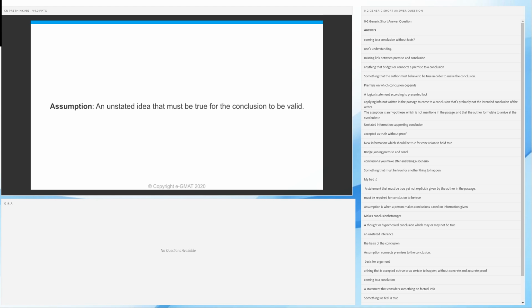Because if you truly understand this definition, then through brute force, you can answer every question correctly. This definition is so universal, regardless of the difficulty level of the question. If you apply it properly, you'll get to the answer. So it's an unstated idea that satisfies one very specific condition: that it must be true for the conclusion to be valid.